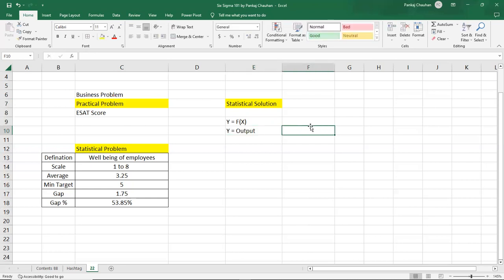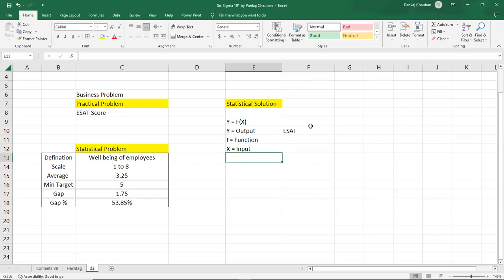And what is the output? Output is employee satisfaction score. It must have some relationship with the process. f is equal to function, the way you are operating the business, or maybe because of some of the input variables that are contributing to your low employee satisfaction score.